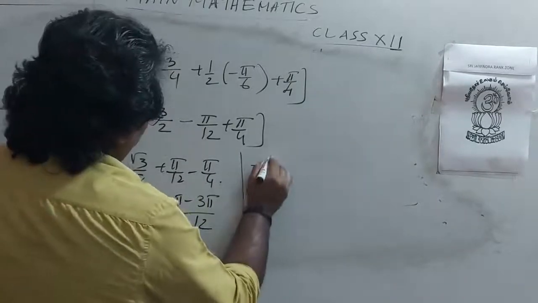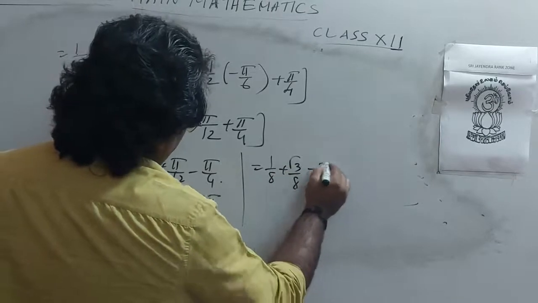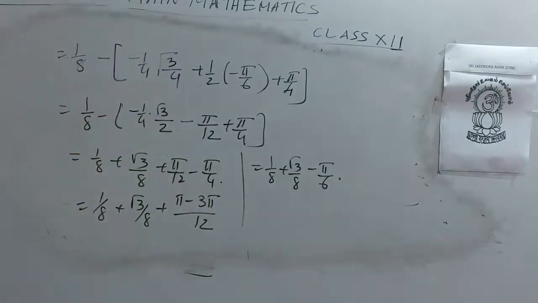That is 1 by 8 plus root 3 by 8 minus pi by 6.